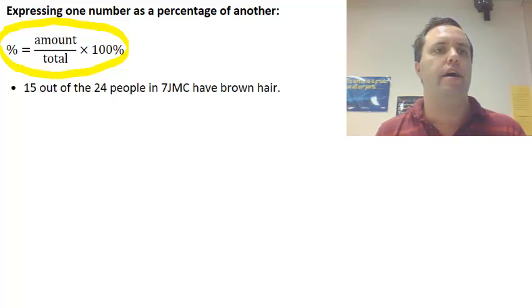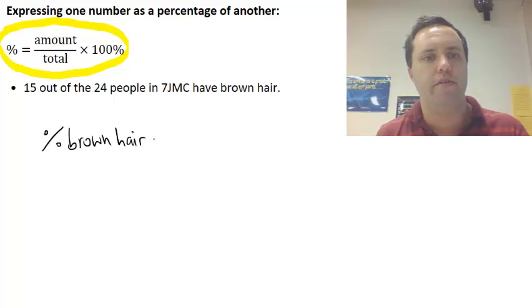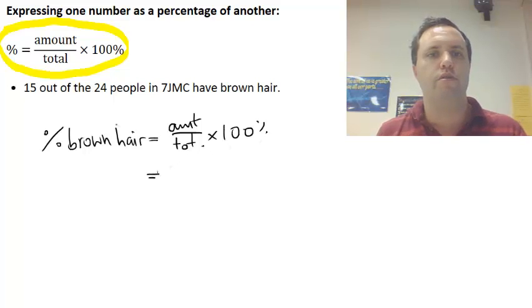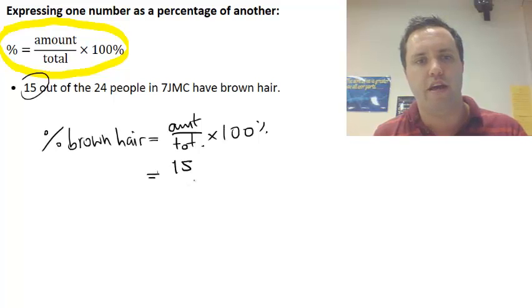We've got the percent we want, so the percent brown hair is equal to the amount over the total times 100%. The amount is 15, so 15 out of our total of 24 people, times 100%.